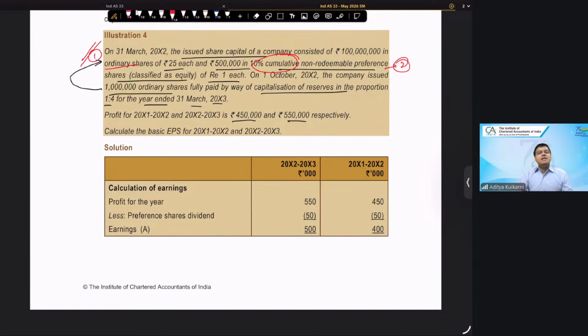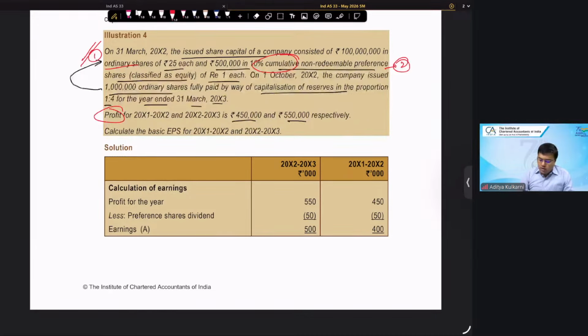With non-cumulative preference shares, dividend is paid to the preference shareholders at the discretion of the company. Are we able to follow? Yes, sir.